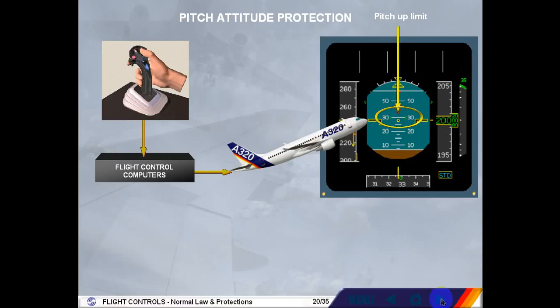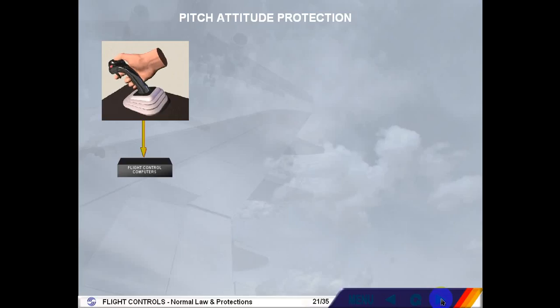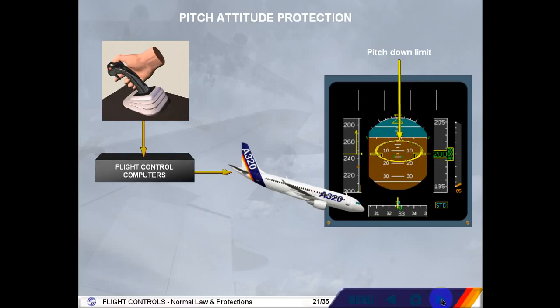Note that the pitch up values vary depending on the aircraft configuration and speed between 30 and 20 degrees up. In the nose-down case, the computers will limit the nose-down attitude at 15 degrees.